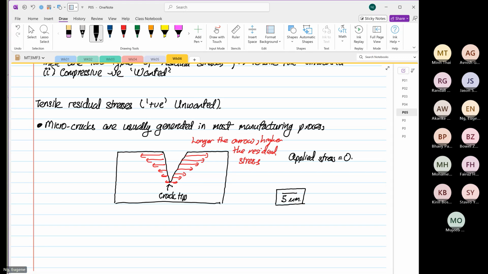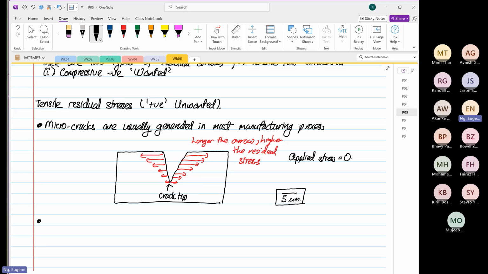So with tensile, what will happen if your stresses are like this? Does the crack want to grow or don't want to grow? You're pulling things apart, yes or no? It wants to grow, yes or no?